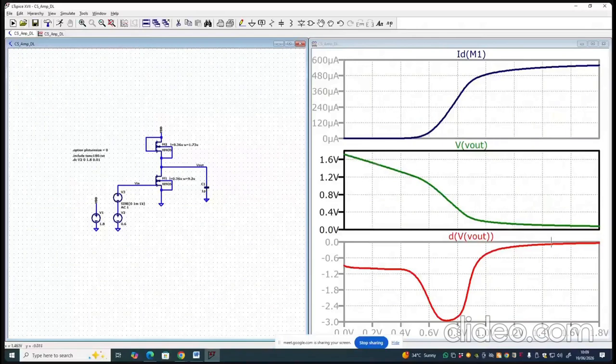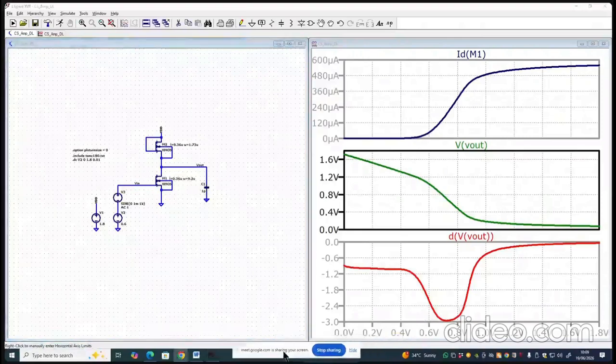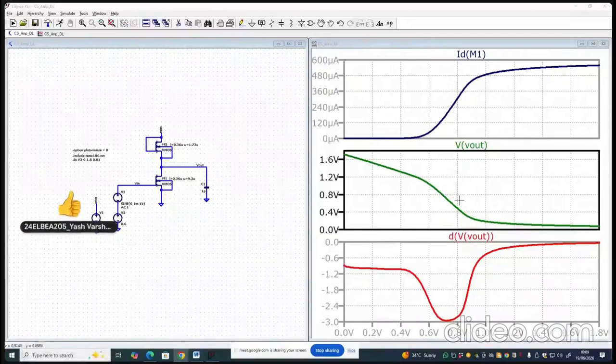Okay, so you can see that the maximum gain that we can get is 3. We are not getting a gain of 5. Do you see that? This is the gain plot. This is the V out level, right? And this is ID.